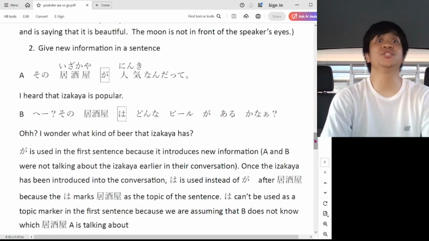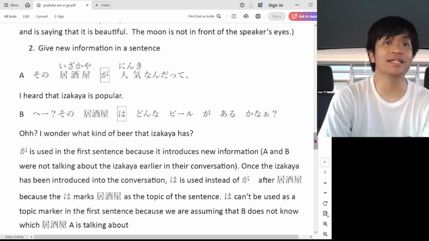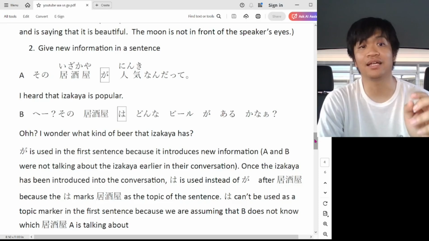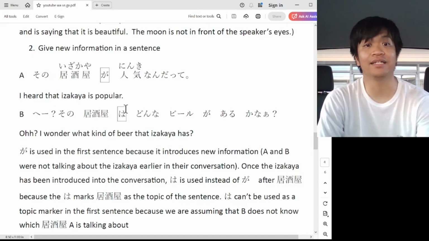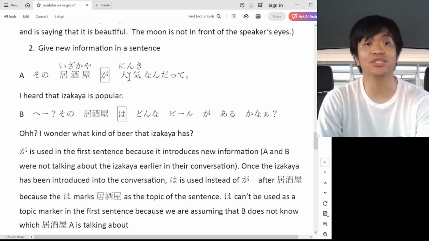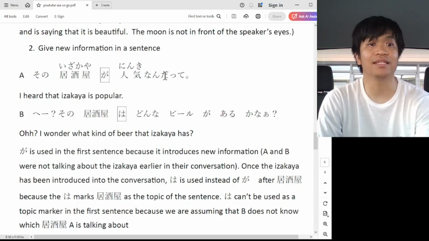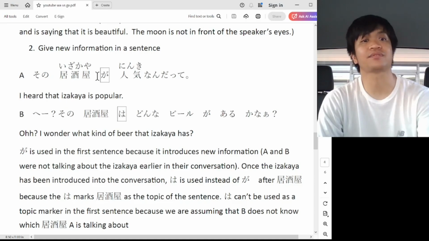Second function is to give new information in a sentence. So, for example, その居酒屋が人気なんだって. I heard that izakaya is popular. その, that. Izakaya, that's like a Japanese bar. Ga, this marks the new information. 人気なんだって. So 人気, that is popular. なんだって, I heard that.